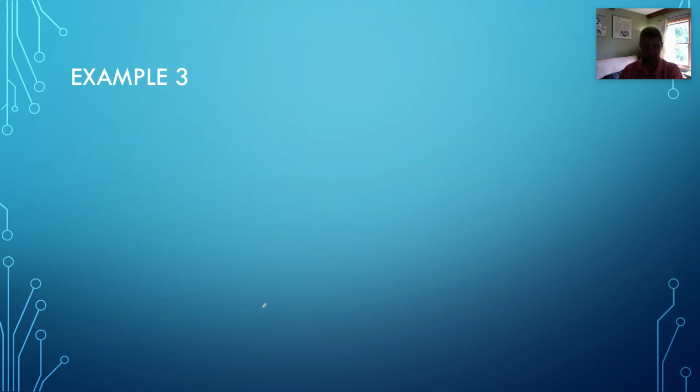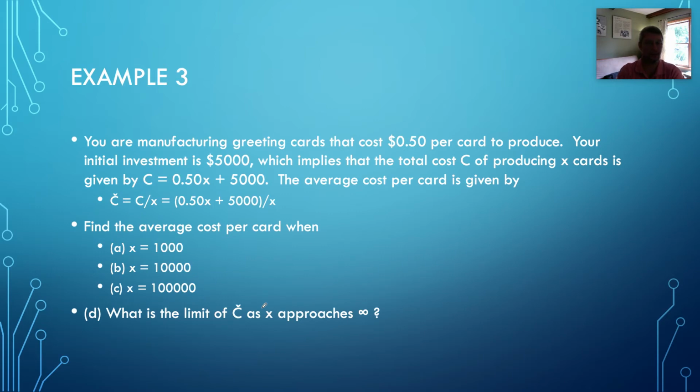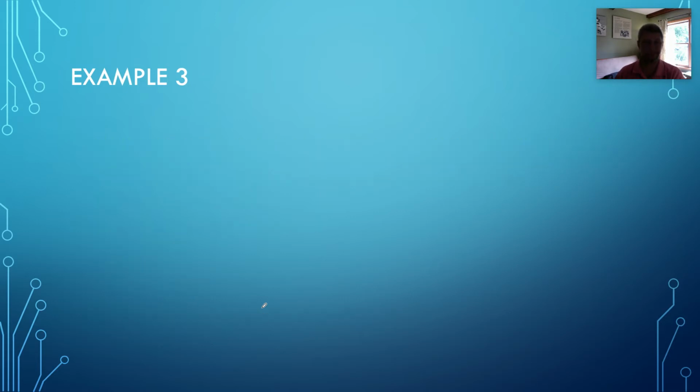The question asks you to find the average cost per card when the value of x is equal to 1,000, when x is equal to 10,000, and when x is equal to 100,000. And then finally, part D of example number 3 asks you to find the limit of the average cost as x approaches infinity. In other words, as you produce an infinite number of cards, what is the limit of the cost per card?